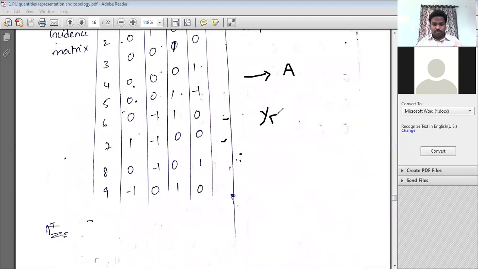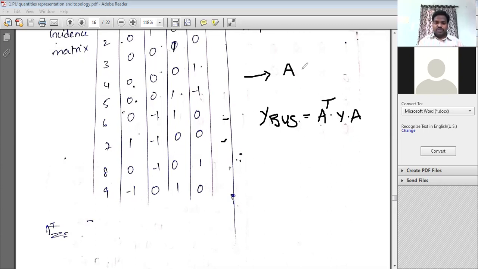What is the formula you must remember? Y bus is equal to A transpose multiplied by Y multiplied by A.